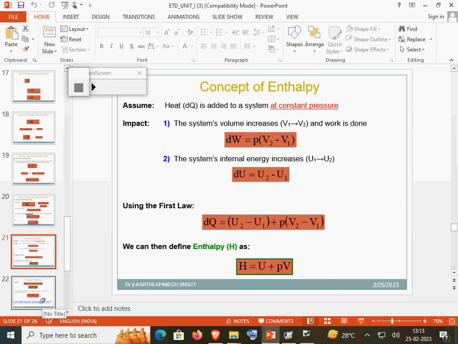Next one is the concept of enthalpy. Assume the heat dq is added into the system at constant pressure. The system's volume increases from V1 to V2, and the system's internal energy increases from U1 to U2. Using the first law, dq equals U2 minus U1 plus P times V2 minus V1. We can define the enthalpy as H equal to U plus PV.